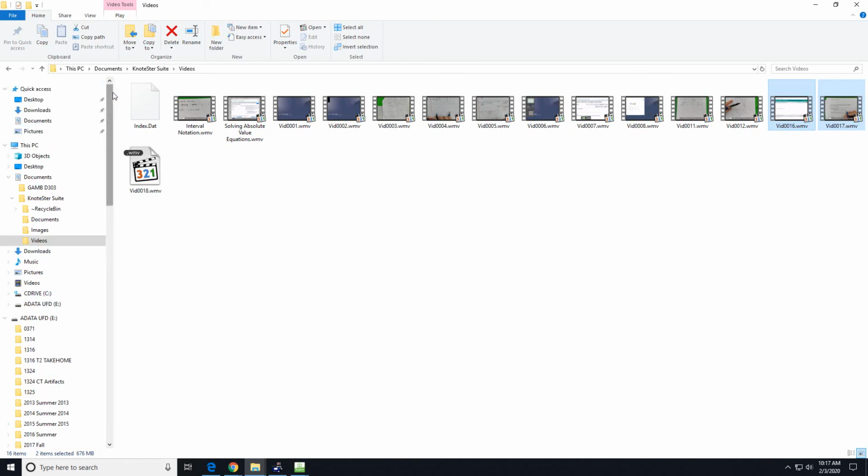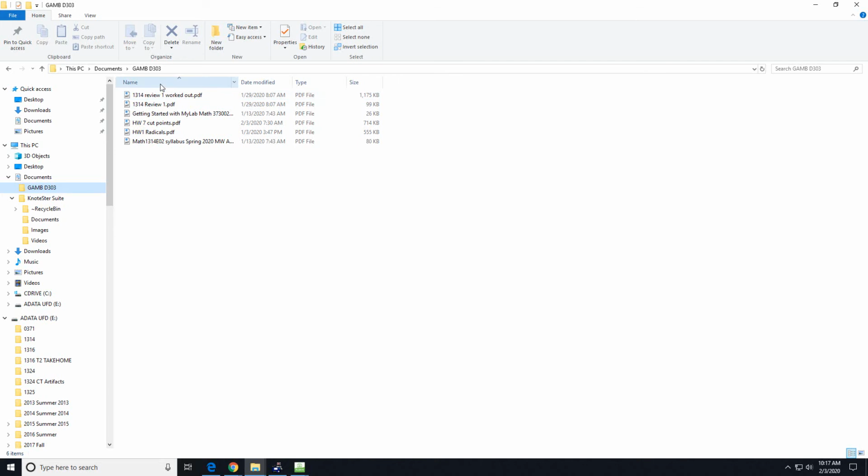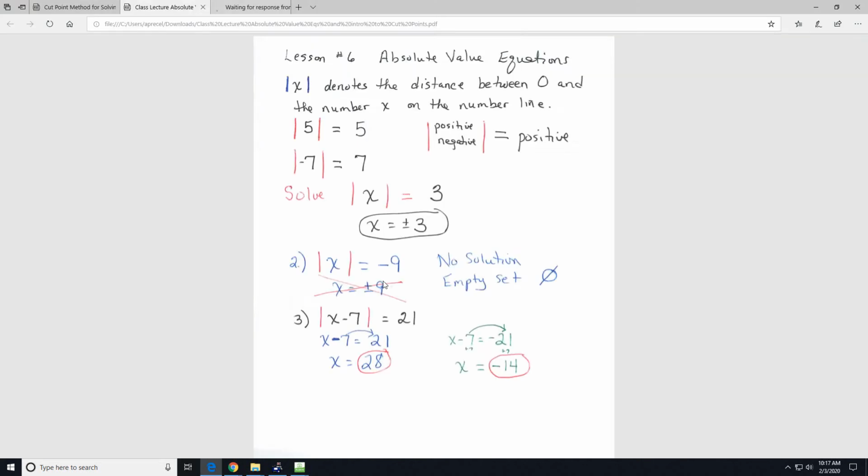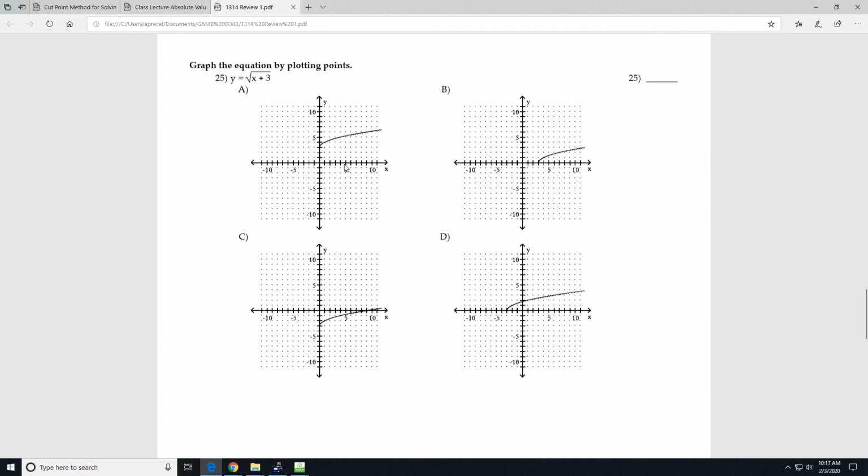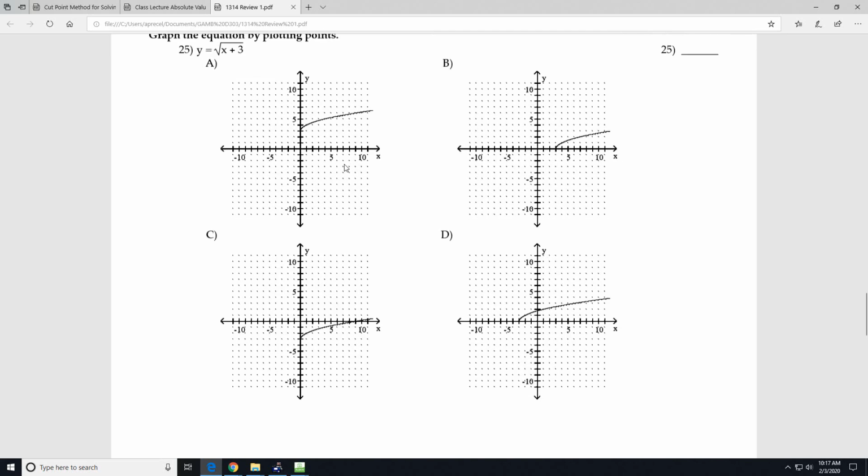Oh, where's that review document? Review 1. If you look at the last problem, very much like, oh, maybe I need to make it bigger. See, this one's very much like the one we're about to do. Okay? But back to the one we are on. Let me see.